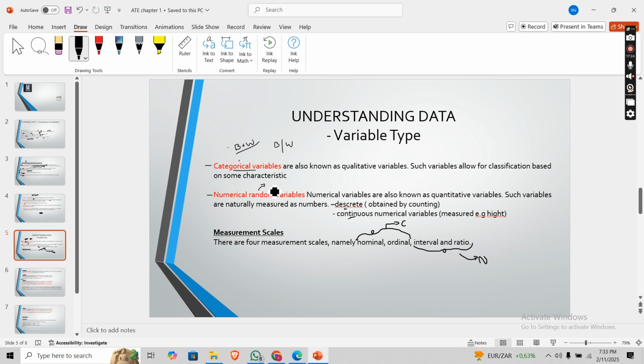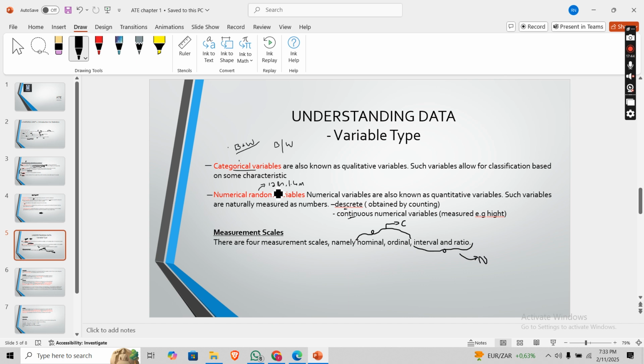If I measure the height of students, maybe the first answer would be 2 meters, and the second would be 1.4 meters.